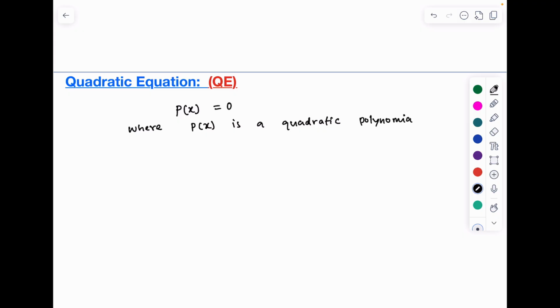A quadratic polynomial is written as p(x) = ax² + bx + c, whose highest degree here is 2.